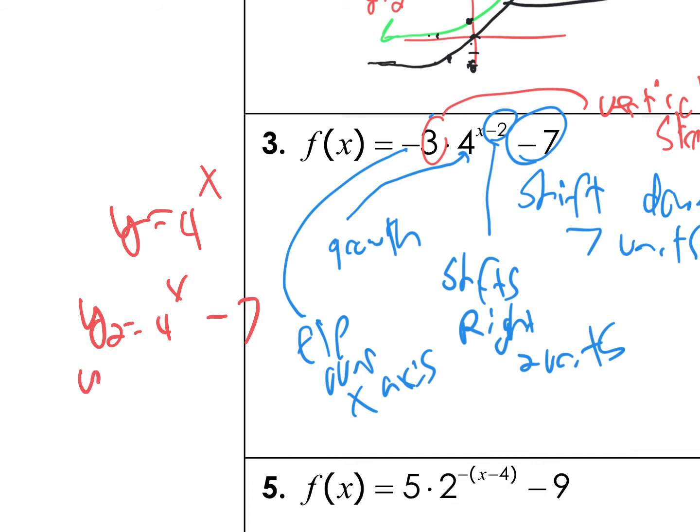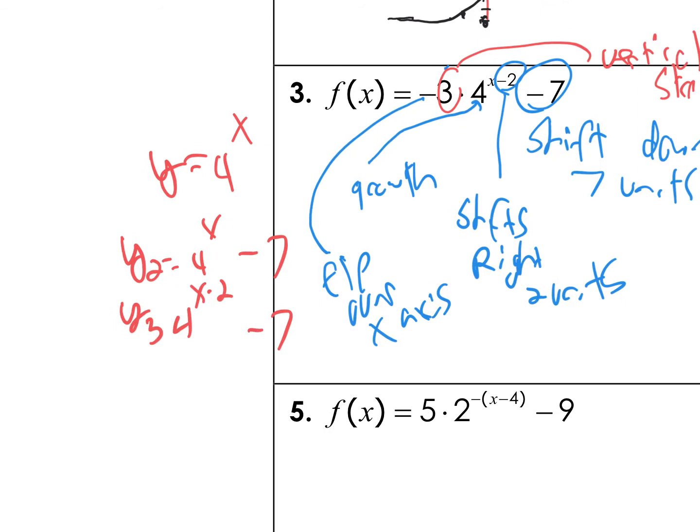And then do y3, 4 to the x minus 2, minus 7, and see if it does go to the right. Then go ahead and do y4, negative 4 to the x minus 2, minus 7. See if it flips over the x-axis.